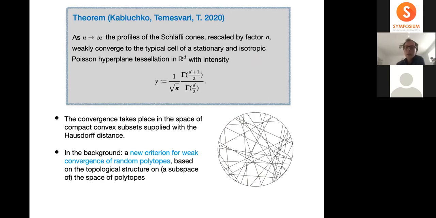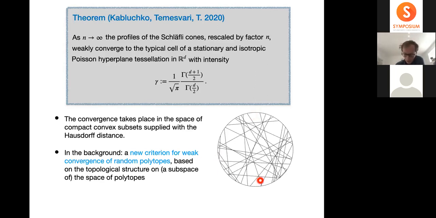We were not able to deduce this from any of the existing tools for weak convergence of random polytopes. What we had to do is develop a new criterion for weak convergence of random polytopes, based on the topological structure on a certain subspace of polytopes, which might be of interest independently of this result and might be applicable in other contexts as well.